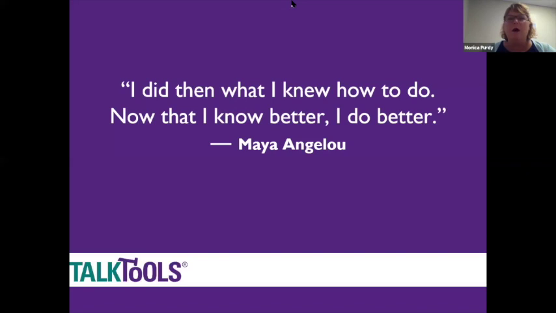I like this quote, and I think it's always really fitting. I did then what I knew how to do. Now that I know better, I do better. The reason why I put this in here is because oftentimes therapists say to me, oh, I wish I would have known then what I know now.